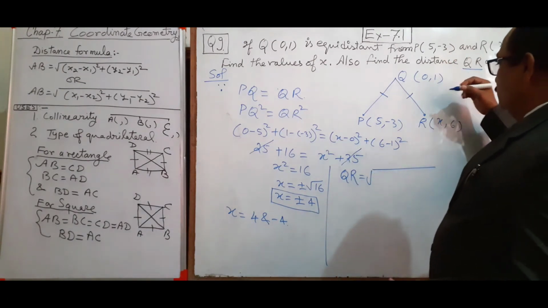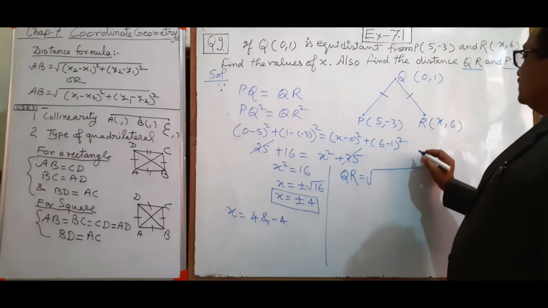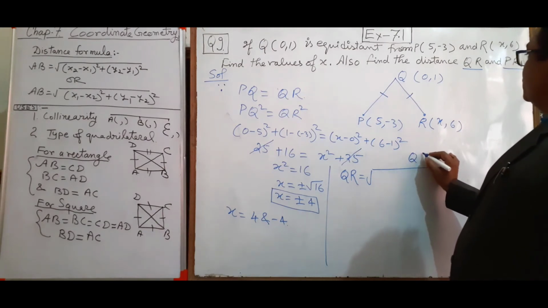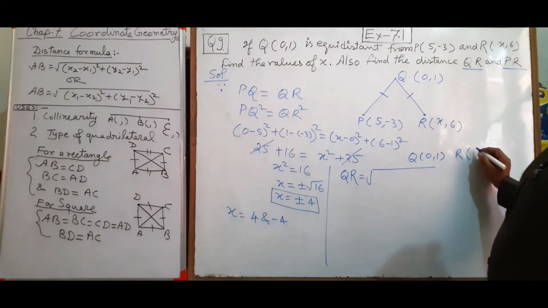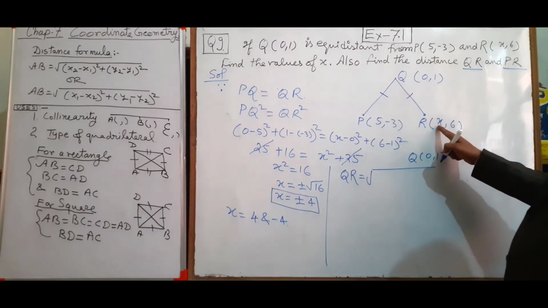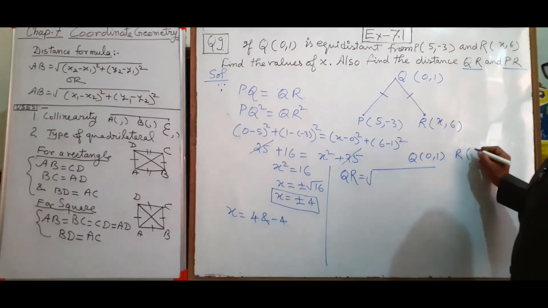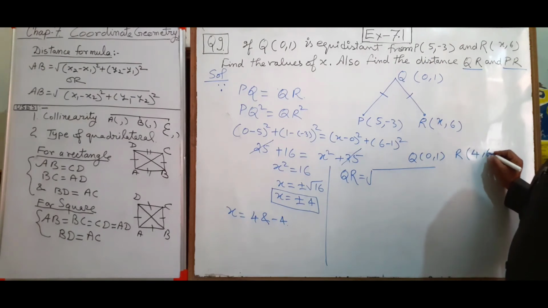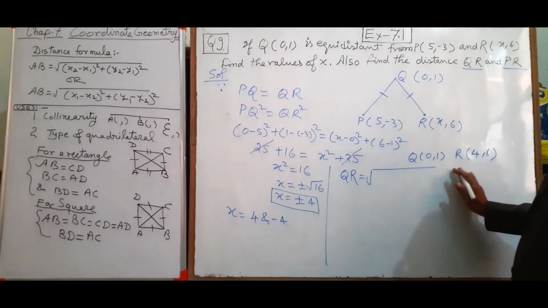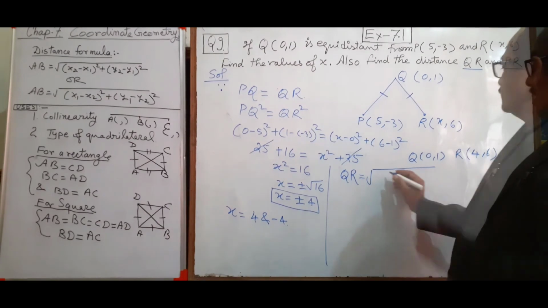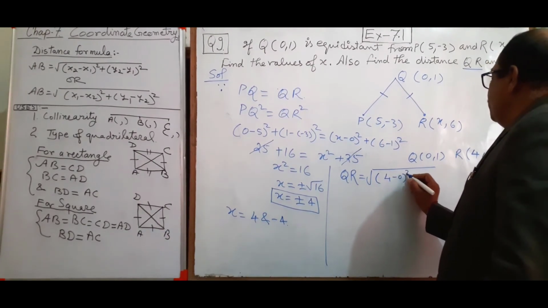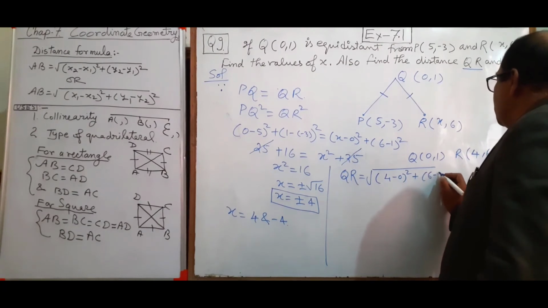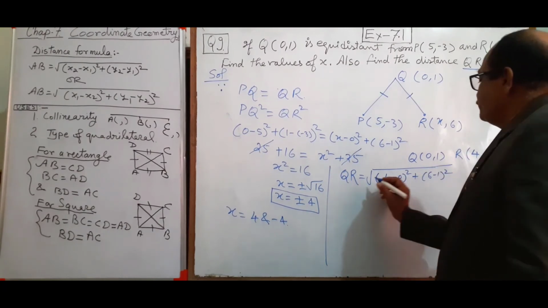Two values of QR you can get. Where is Q? Now you can see Q point is (0, 1) and R point, in place of x you can write 4, is (4, 6). So one value you can get with this one. Simplifying: (4 minus 0) whole square plus (6 minus 1) whole square.